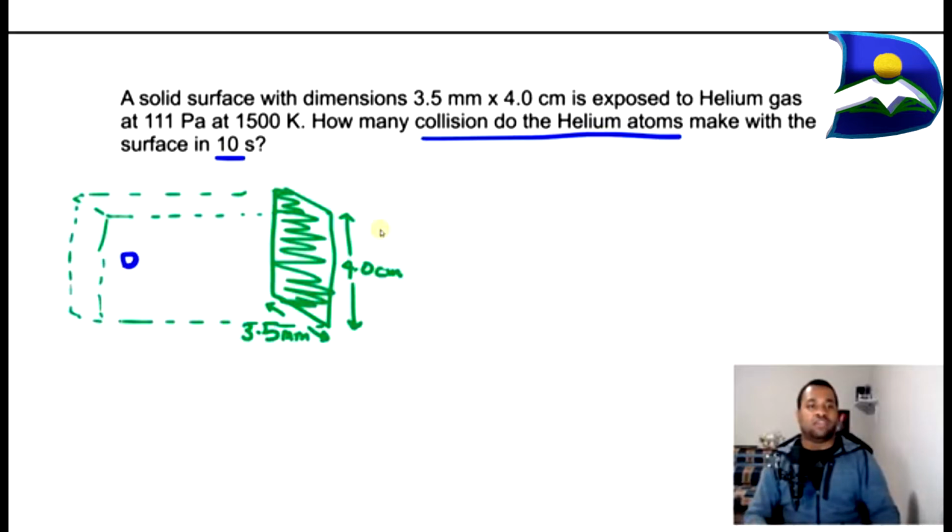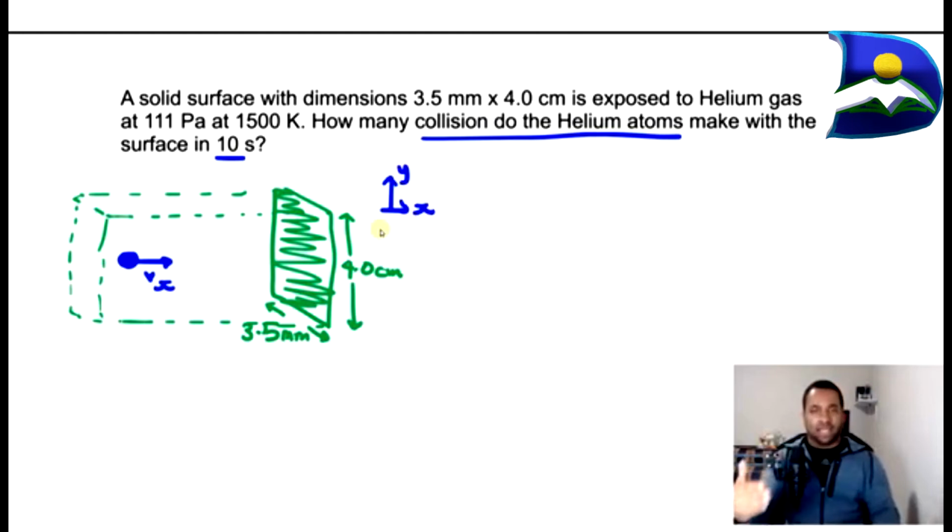Helium, which is a monoatomic gas, is going to be heading towards the wall, and the velocity, which is represented as v at x, is assigned the x direction.